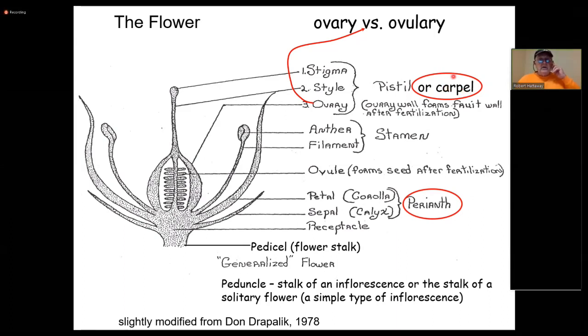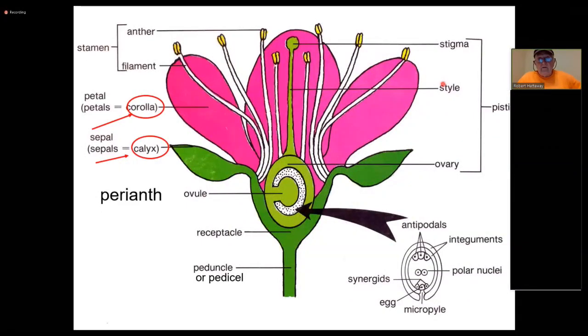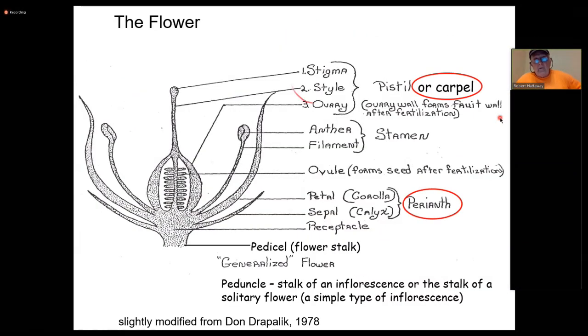So a carpel may look like a pistil from the outside, and we'll get to that, so be patient. But a compound pistil is made up of more than one modified leaf. So a carpel is a modified leaf. So I said a moment ago that a pistil is another name for a megasporophyll, but better yet, a carpel is the better term.